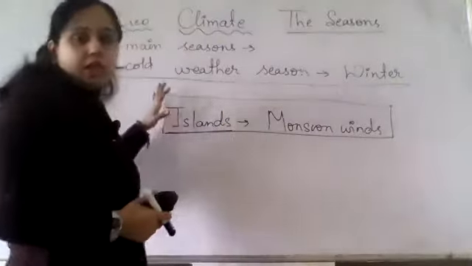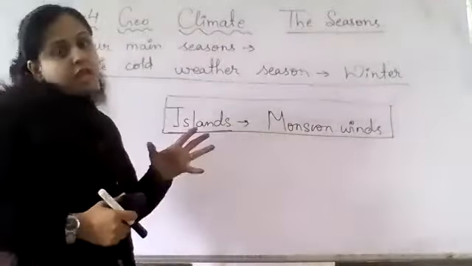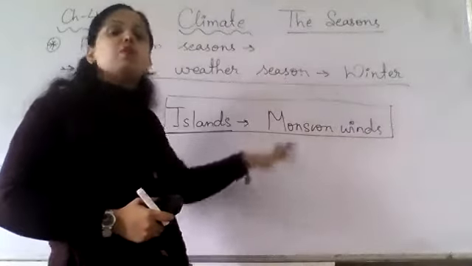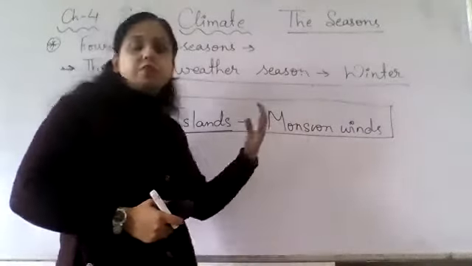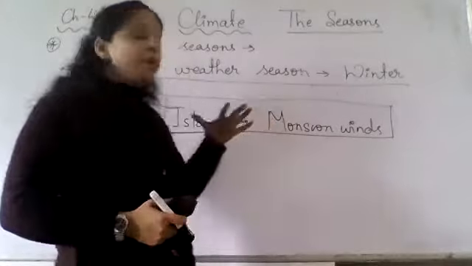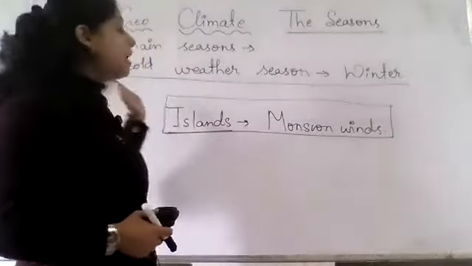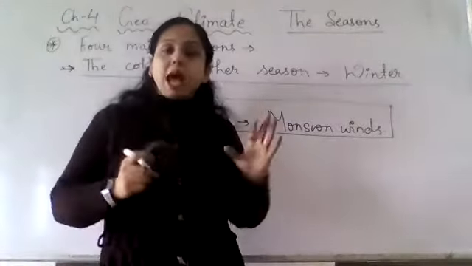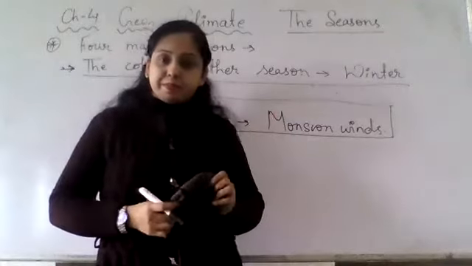In 1 month they cover the whole area, and after that when withdrawal starts, withdrawal is a gradual process, so it withdraws slowly and gradually from our country. But at that time, what do our islands face? What happened with our islands?